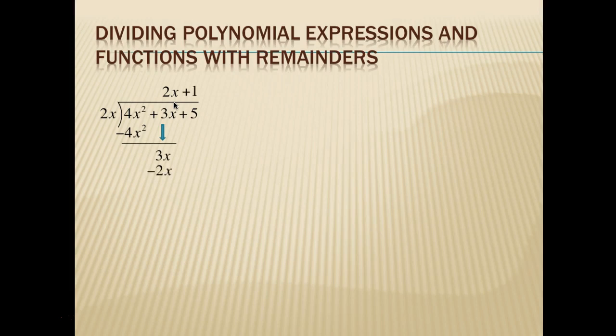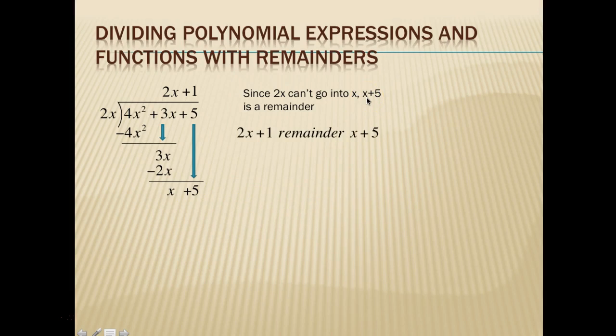You multiply, subtract, bring down. 2x does not go into x. So since 2x cannot go into x, I'm left with a remainder of x plus 5.